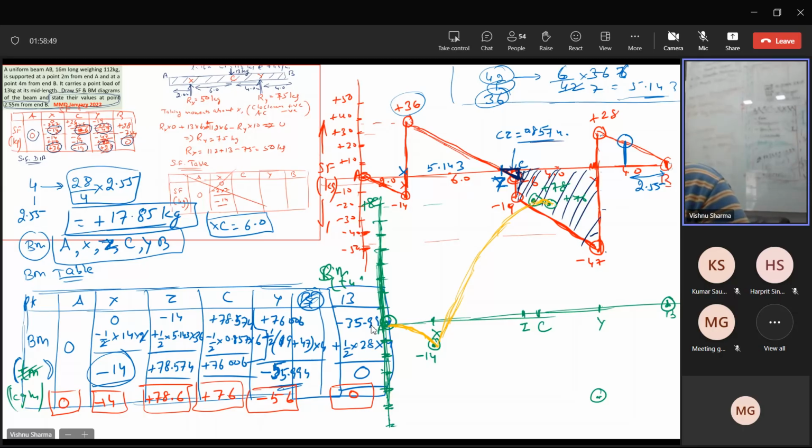You can't do much about it. The minus 56 is from vertex to base. So I'll go like this. And then it is base to vertex. Something like this will be the shape of the BM diagram, guys.